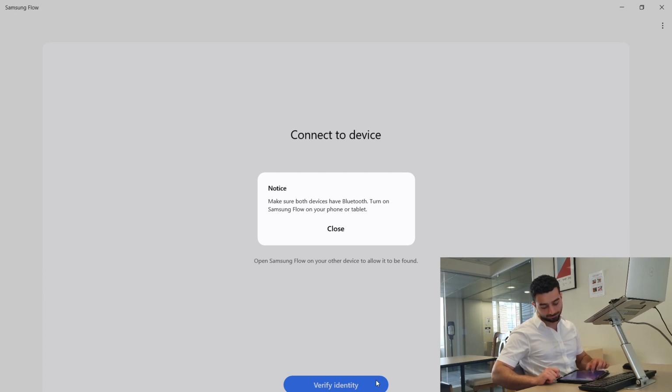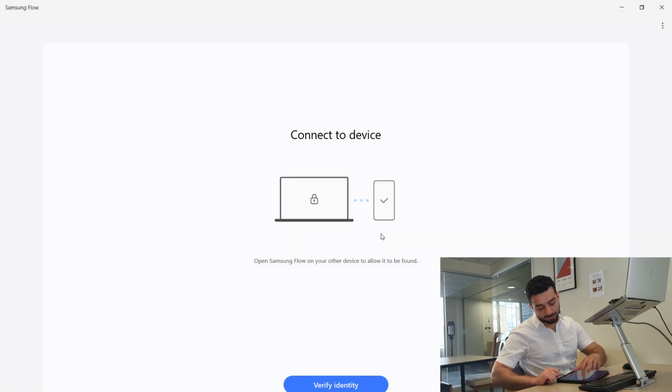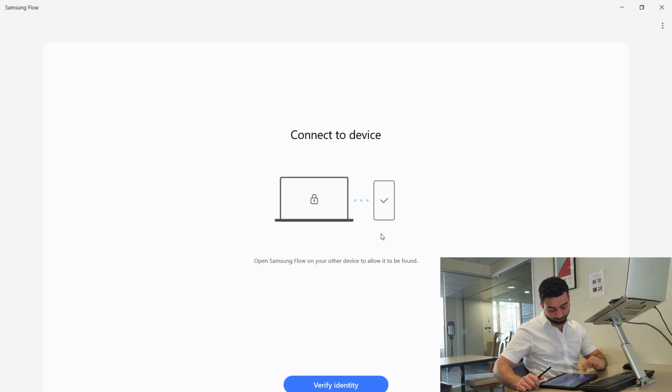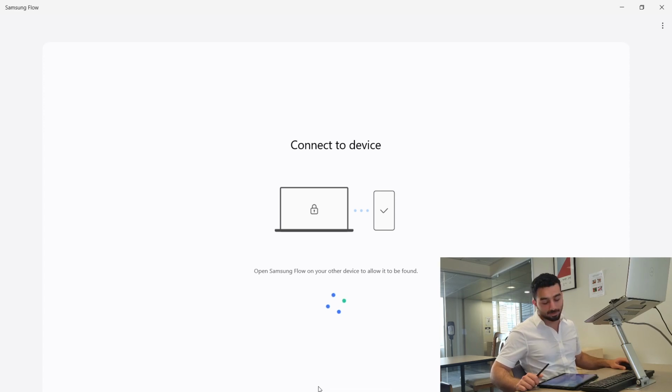What happened? Make sure both devices use Bluetooth. Well, the Bluetooth is on. Oh. Why are you disconnected? Update. Verify identity. Do that.